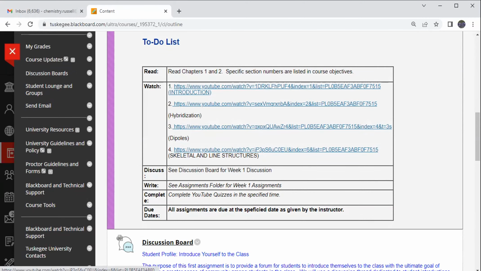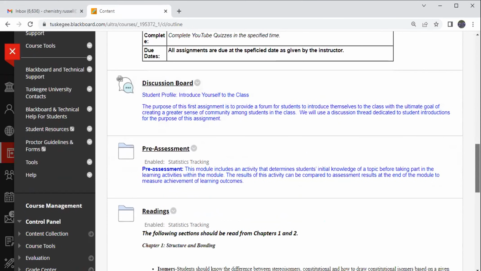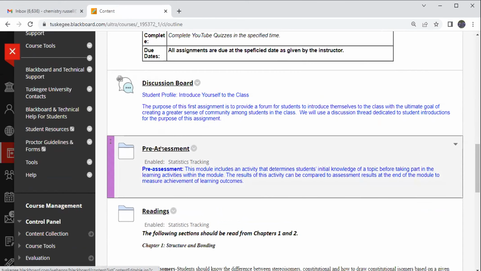And then the discussion board, you can do that anytime between the time you start the module and the time that we take the exam. Most of the exams are going to include 2 modules. The pre-assessment is the first thing you ought to do in every module.